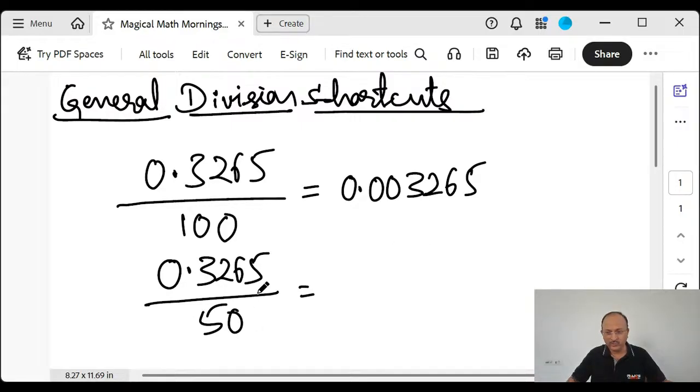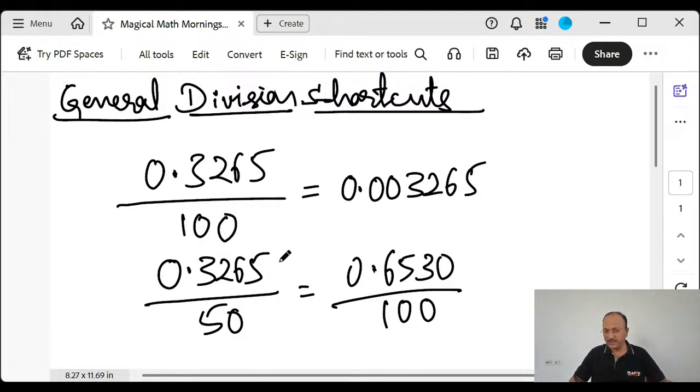When you double numerator and denominator, what will it become? 0.6530 by 100 it will become. Correct? Multiply by 2 in the numerator and multiply by 2 in the denominator. Now what you do? Shift two decimal places to the left side. It will become 0.00653. 30 we can write, 3 also we can write. So while doing this, we should be very careful with respect to zeros.